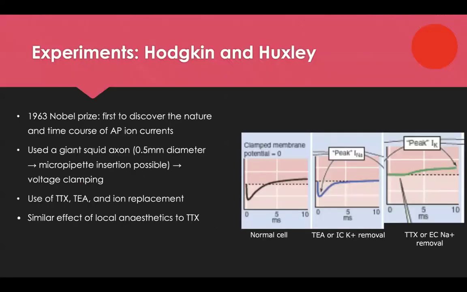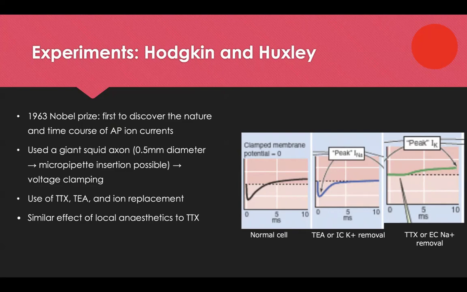So the classical experiment which demonstrated the ionic mechanism is the Hodgkin and Huxley series of experiments, which got them the Nobel Prize. They used the giant squid axon because it is very large, 0.5 millimeters in diameter, so they were able to directly insert micropipettes into the axon and then perform voltage clamping to see how the voltage changed when they changed the concentration outside of the neuron, and then when they added different toxins.